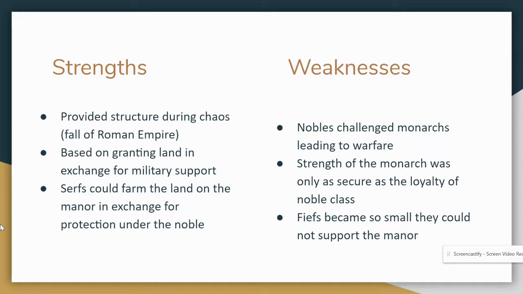So if the noble class started to rebel or if they weren't paying their taxes, that would really crumble the monarch, and the entire pyramid could be depleted. And another issue is that fiefs, we think back to that, the land itself could become so small that it might not even support the manor.